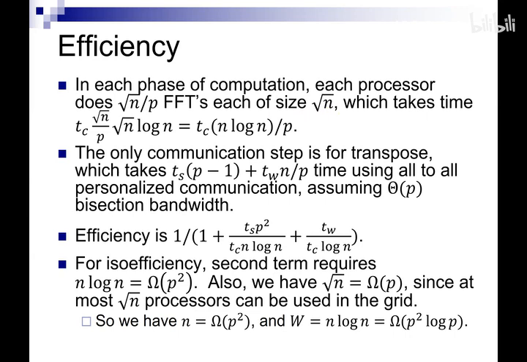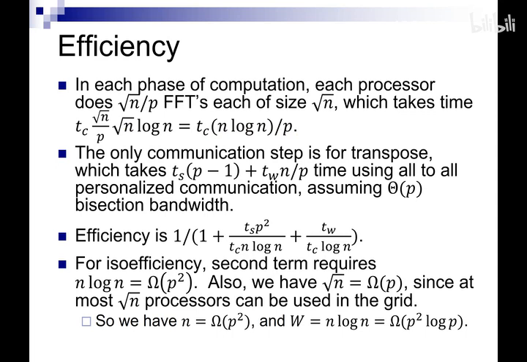So the computation it does for each stage is going to be the product of these two things. And then there are log n stages, and so the total computation is just going to be n log n divided by P. So it's completely load balanced. And then the only communication is for the transpose.